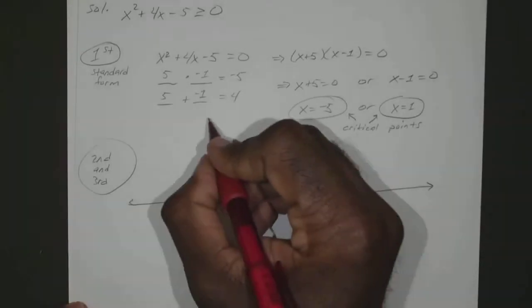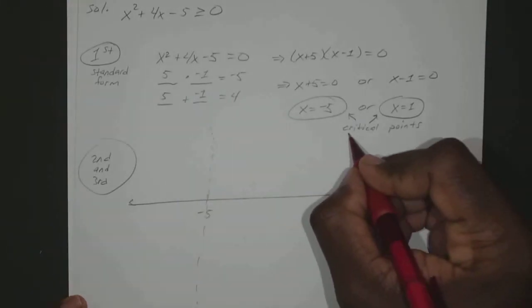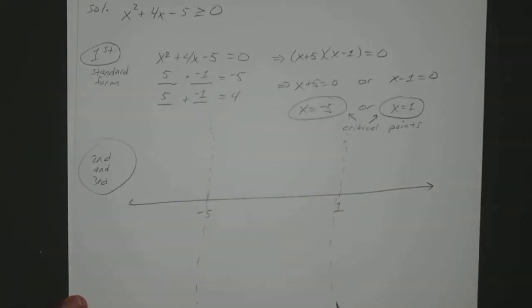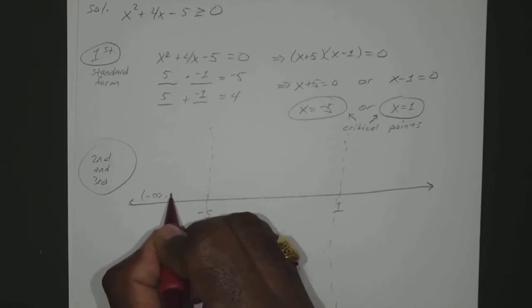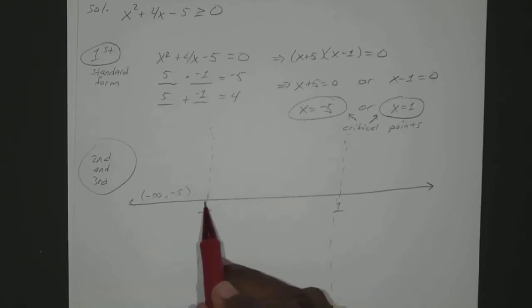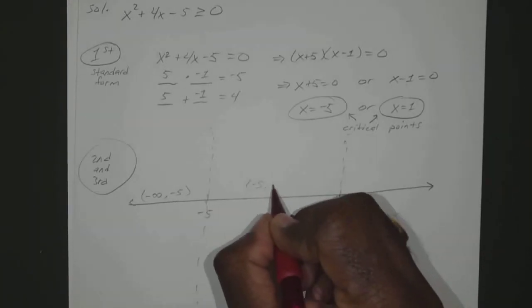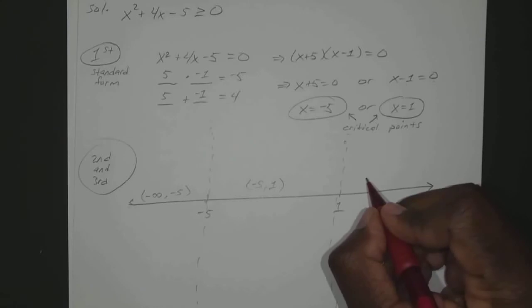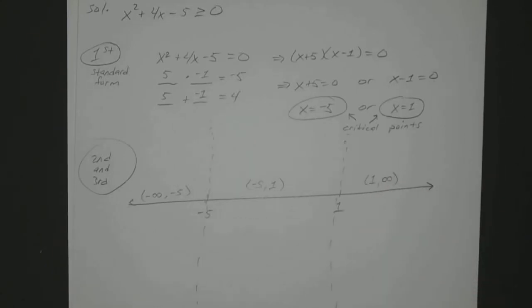Those are critical numbers, so we know we're not going to actually use them, so we draw a little dotted line to remind us not to use those. This interval is from negative infinity to negative 5. Here it's from negative 5 to 1. And here is from 1 to positive infinity.